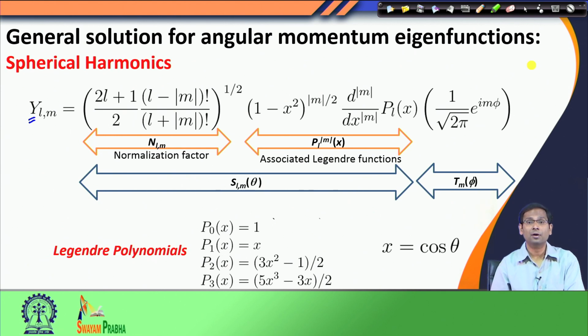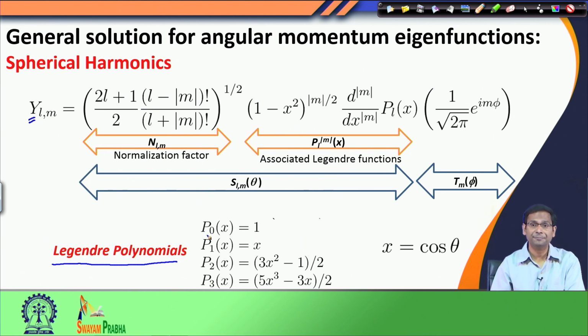If you remember, in our harmonic oscillator discussion, we used the so-called Hermite polynomials, and now, while discussing the angular momentum eigenfunctions, we are using something called Legendre polynomials. These are the Legendre polynomials that are given in most of the standard textbooks.